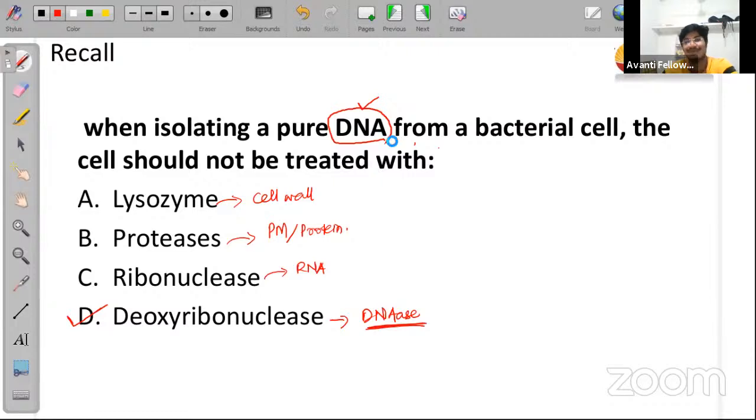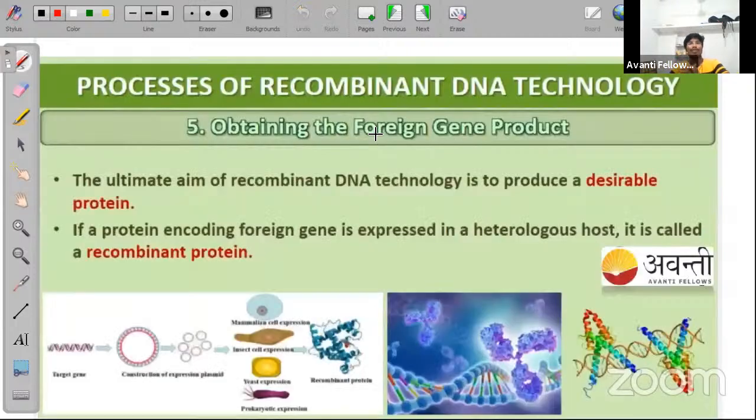ओके, नो प्रॉब्लम. चलो फिर आज का कॉन्सेप्ट स्टार्ट करते हैं. आज का टॉपिक है ऑब्टेनिंग फॉरेन जीन प्रोडक्ट. In the sense what I did, I applied and I inserted the recombinant DNA into the host and now the host will be undergoing transcription and translation. Inside the host, transcription will happen. After transcription, mRNA will be produced inside the host body.